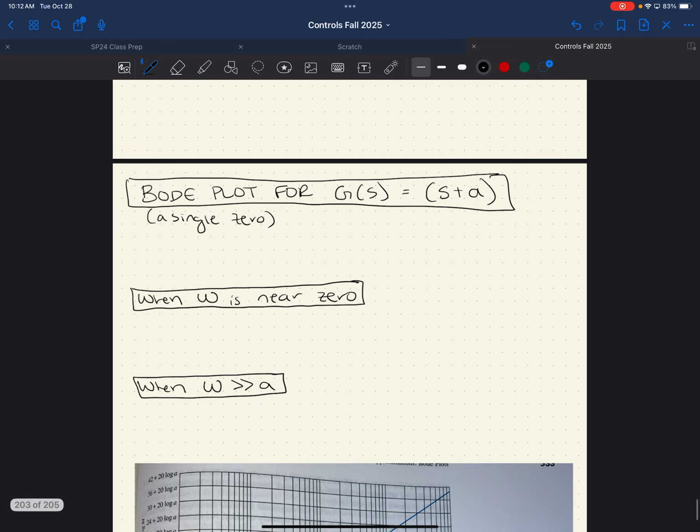Okay, Bode plot for g of s equal to s plus a, which is obviously just a single zero. First thing we need to do is always plug in s equals j omega, and we'll get something that looks like this: g of j omega is equal to j omega plus a.